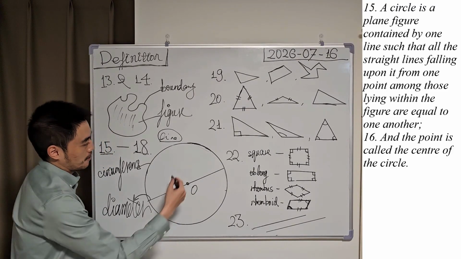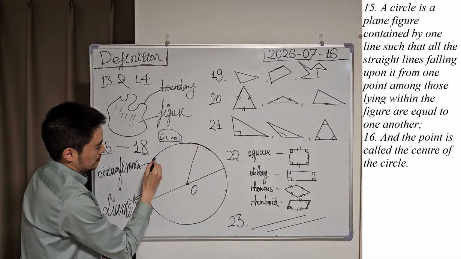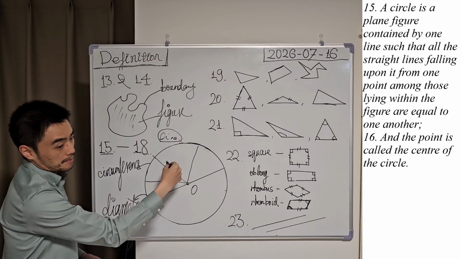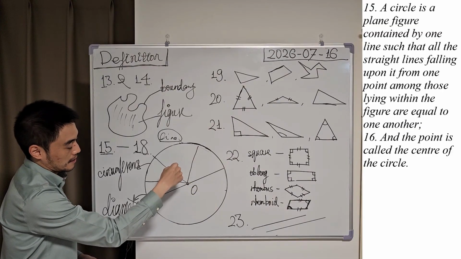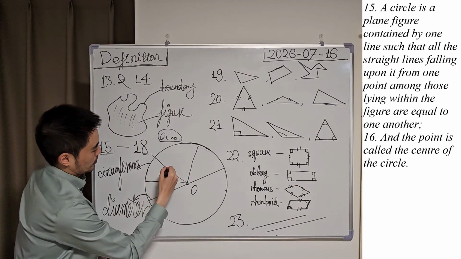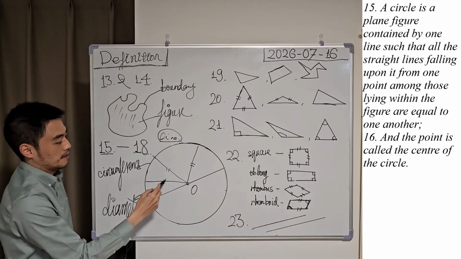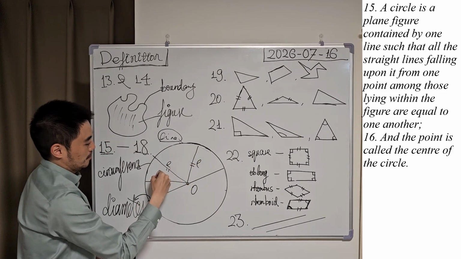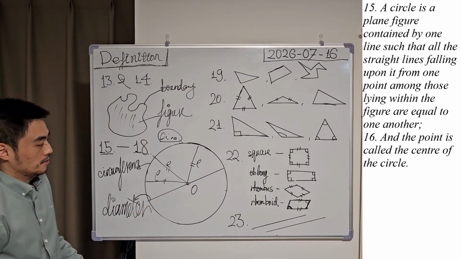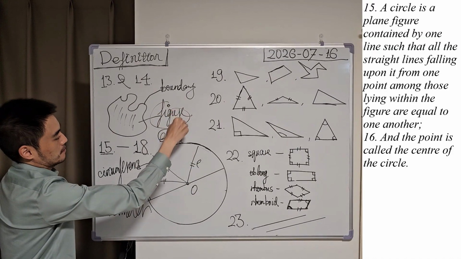So all straight lines falling upon the one line here, like these, and there are absolutely infinitely many such lines, and they are equal to one another. So we have them, they are equal and they have the same length, for example L, things like that. They are equal. And this is the definition of a circle. So the circle is this figure. Okay, remember what a figure is here.